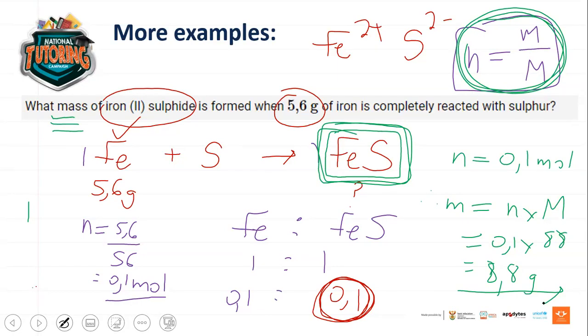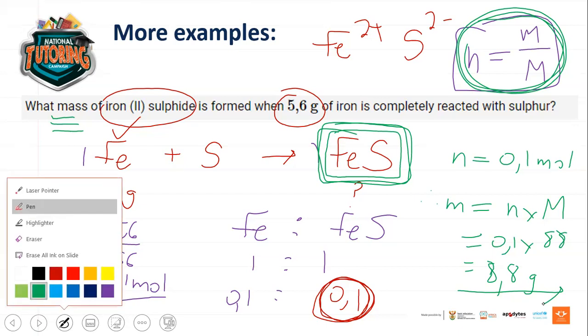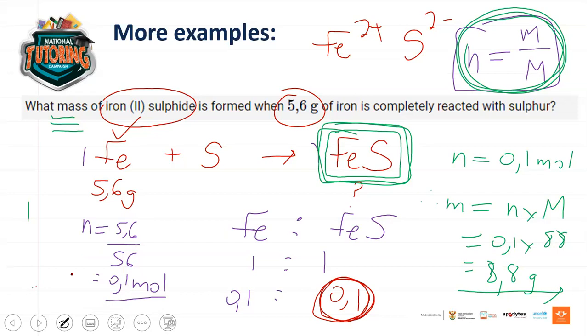So you can see there's a lot going on. This is worth a lot of marks because you've got to calculate. Let me see how many marks it's probably worth. First of all, you've got to write down a balanced chemical equation, which will be 1 or 2 marks. Then you're going to work out the number of moles of what you were given, which is iron, 1 or 2 marks.